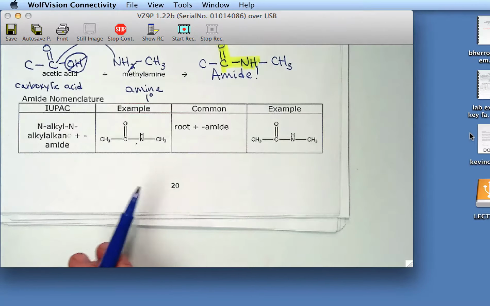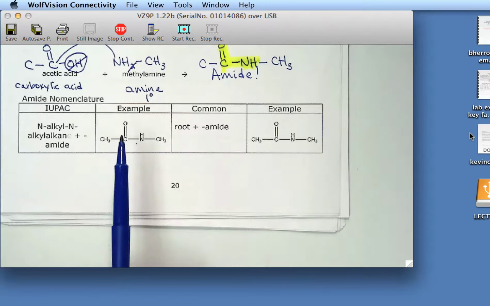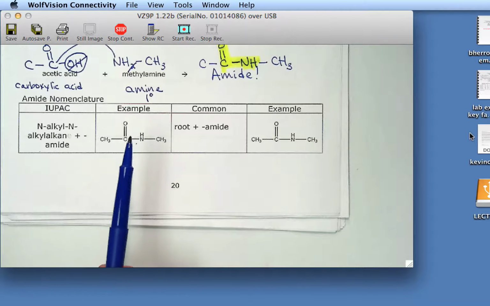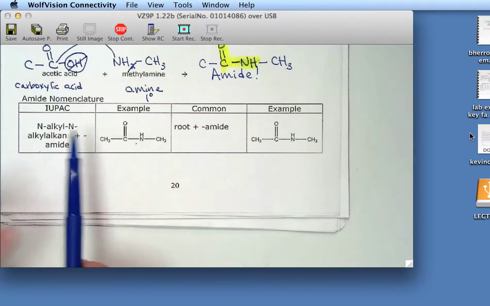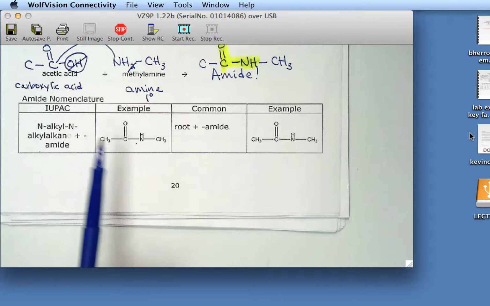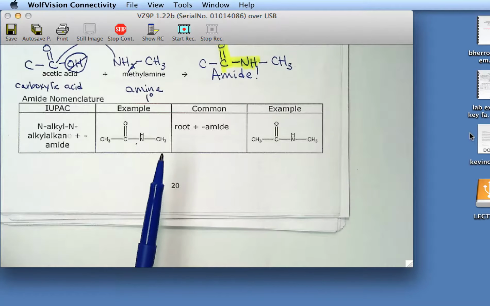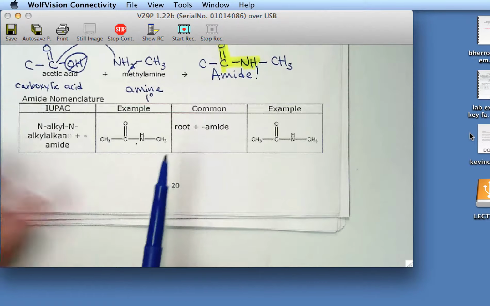Like always, IUPAC is the longest continuous chain of carbons. The ending is going to be amide. You get rid of the E on your alkane. And because you have this nitrogen group attached to the carbonyl, you have to say N-alkyl, if it's N-methyl or N,N-dimethyl.